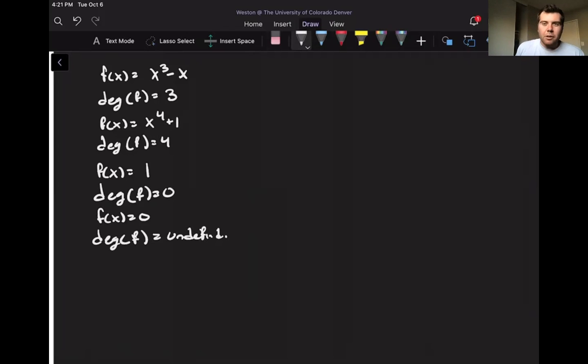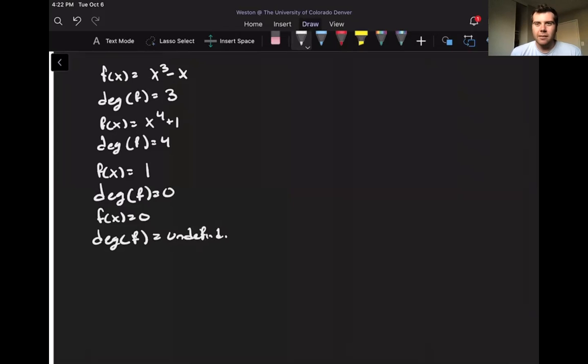It kind of varies with which subject you're working in. So in pure mathematics, there's 2 big fields that study polynomials and their degrees. One of them is linear algebra or functional analysis, in which case it's convenient to set the degree of the 0 polynomial as 0.